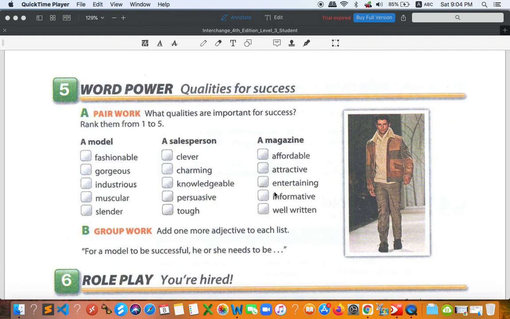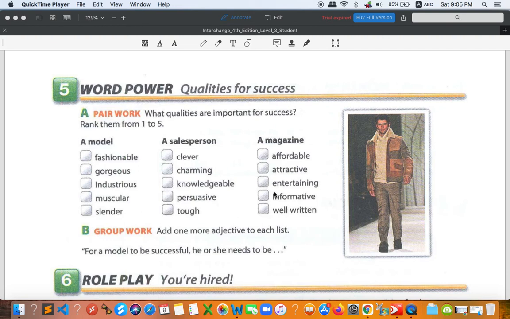To me, for a salesperson, I think knowledgeable, because you need to know the product itself if you want to sell something, right? You need to have some kind of ideas to sell. Second, charming. Really? I don't know. But if you are not attractive enough, then whether you have good services or products, people will not want to talk to you, right?